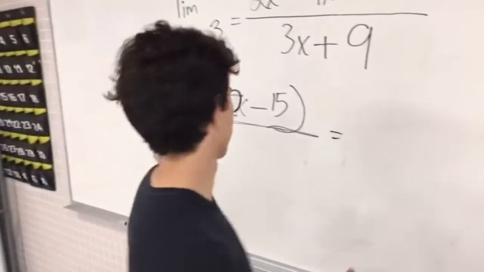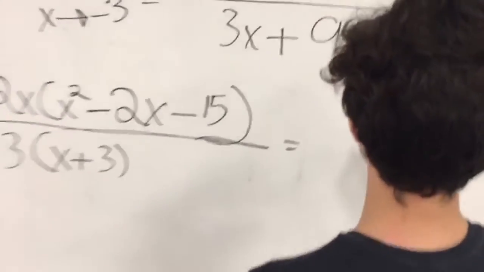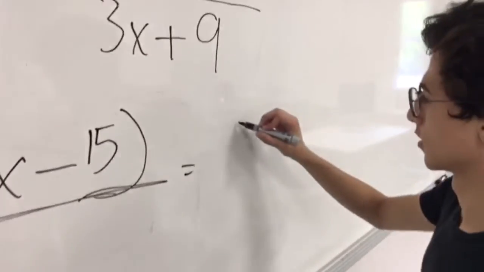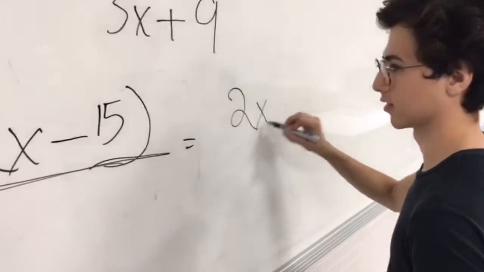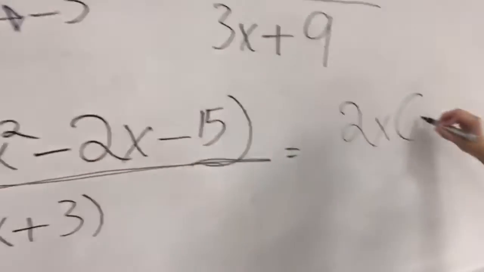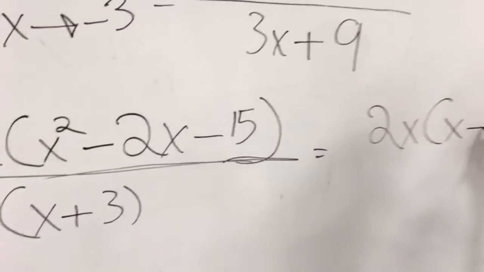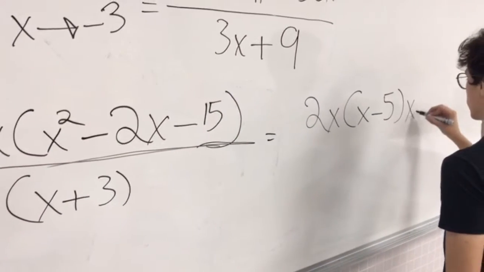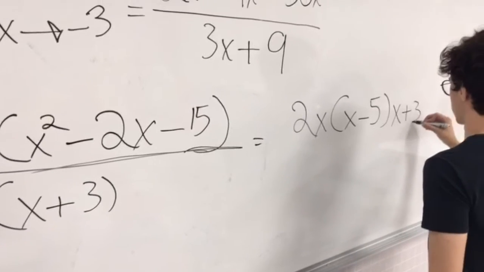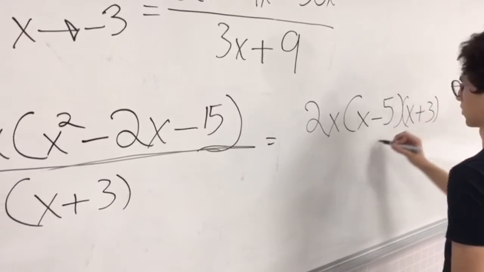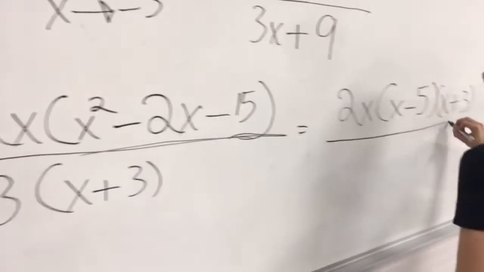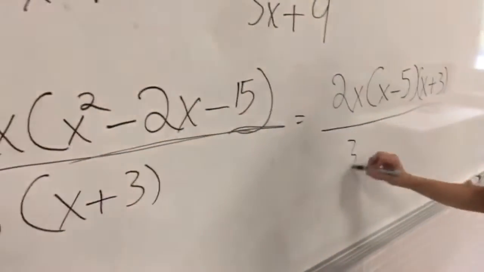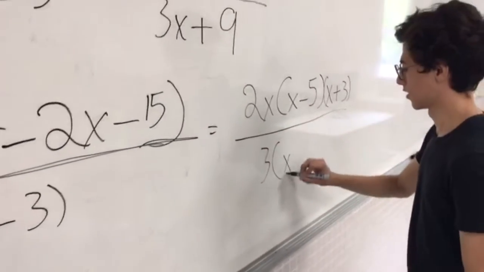Now we're going to factorize this trinomial. So what we're going to do is this. We put the 2x, x minus 5, and x plus 3. And we get a 3 parentheses x plus 3.